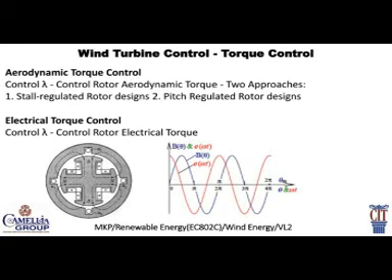Electrical torque control is another approach to control lambda. Synchronous generators are used most commonly in large wind turbines. Synchronous machines are commonly used as generators, especially for large power systems such as turbine generators and hydroelectric generators in the grid power supply.